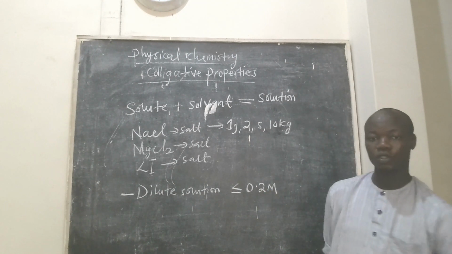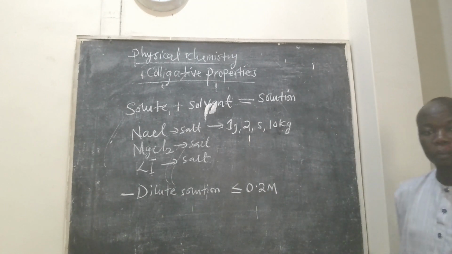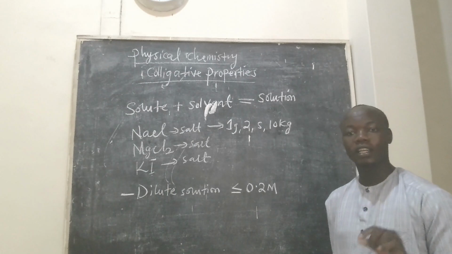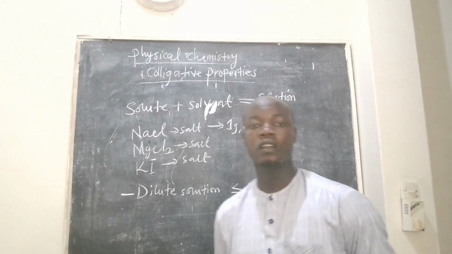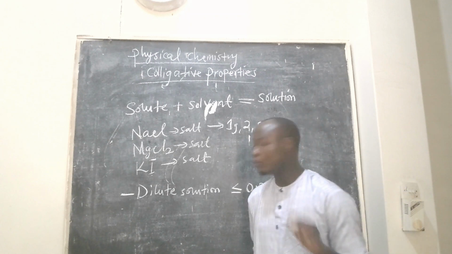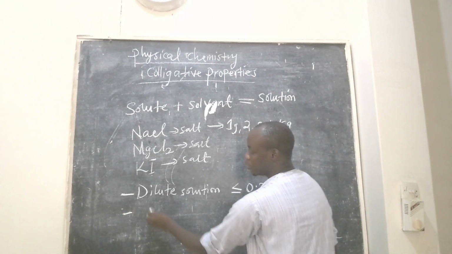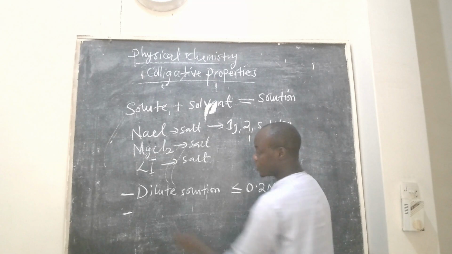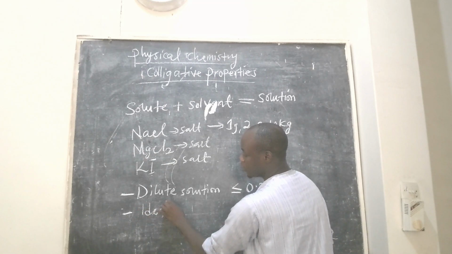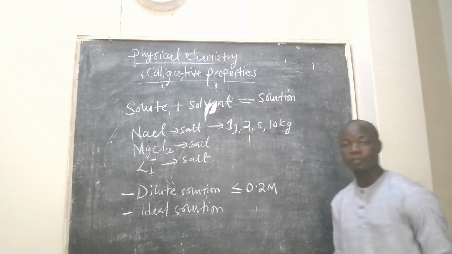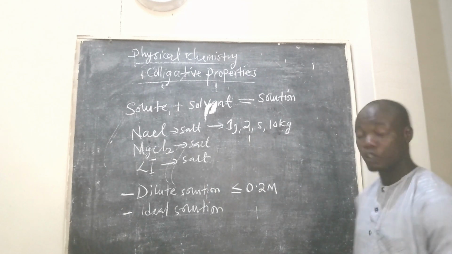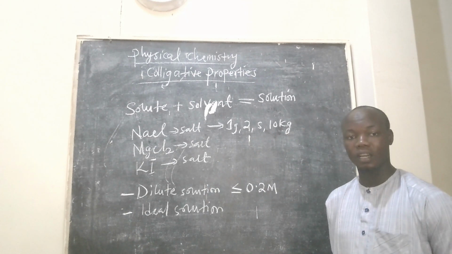That is a dilute solution. So colligative properties apply only on dilute solutions. And number two, the solution must be an ideal solution. This is the second property of the solution for which colligative properties apply.